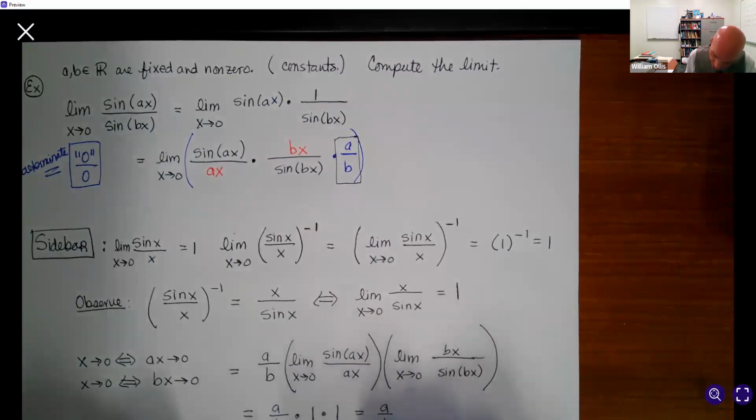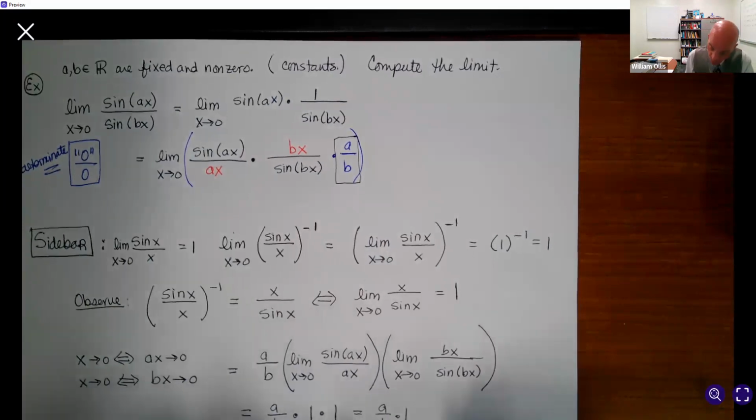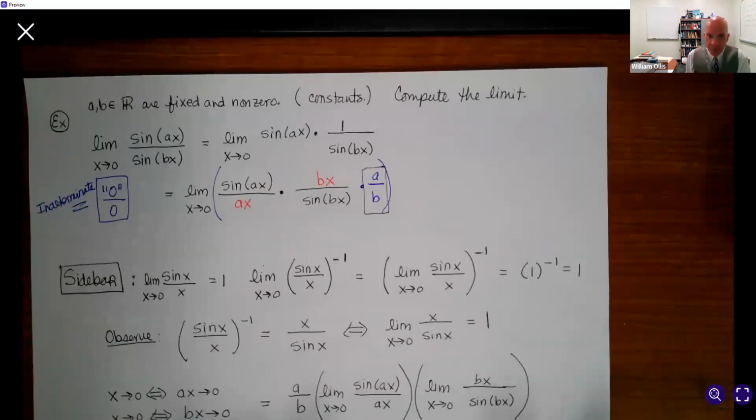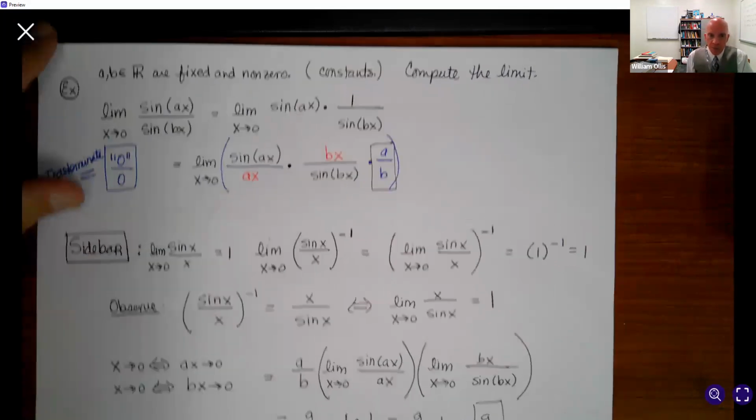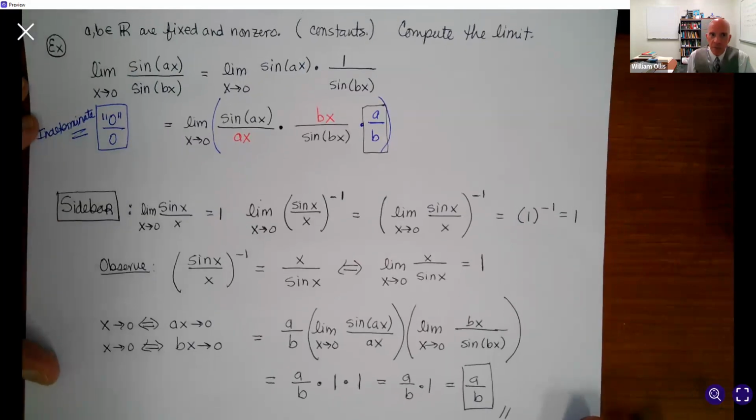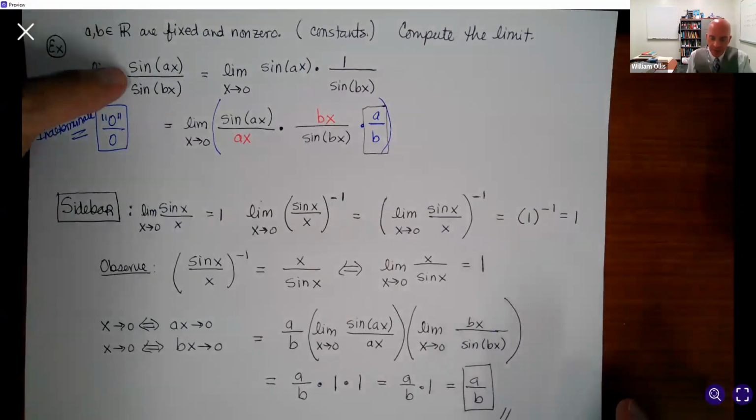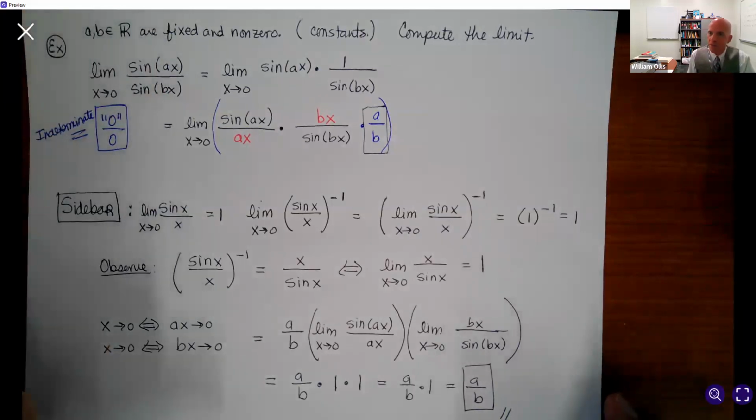That's just A over B times 1, since 1 times 1 is 1. And that gives us A over B, the multiplicative identity. So you're thinking it wouldn't be too hard to remember this result, would it? Because if you have this, the answer is just the ratio of the what? The coefficients of X, A over B. Amazing.